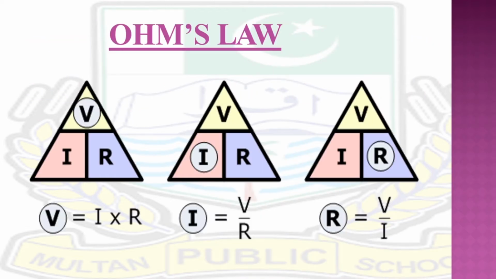These are the different orientations of Ohm's law, and they will help you to remember the formula in different forms, like V is equal to I times R, I is equal to V over R, and R is equal to V over I. So if one parameter is missing, with the help of the other two parameters, we can find out the missing one.